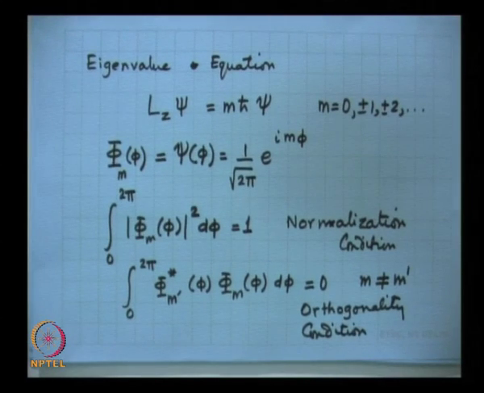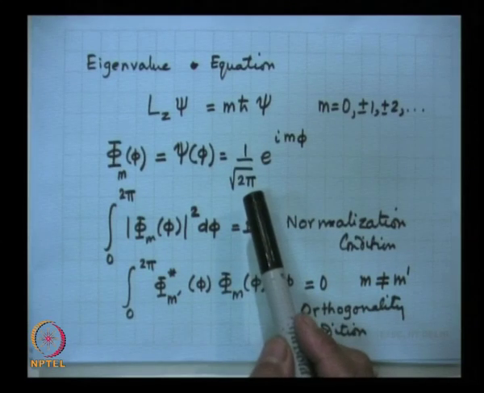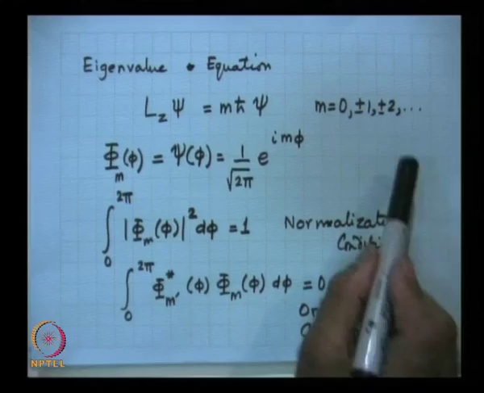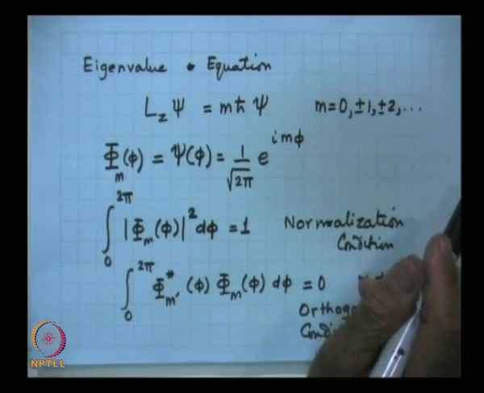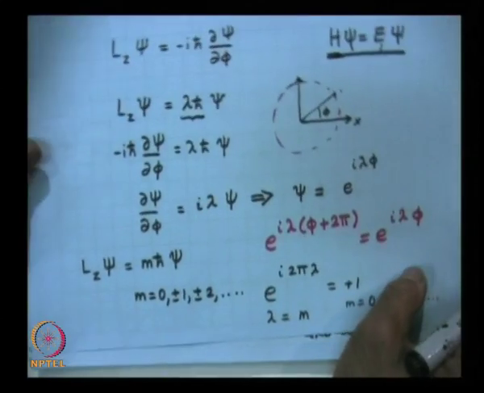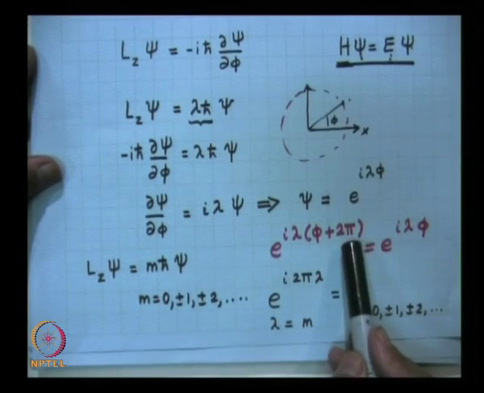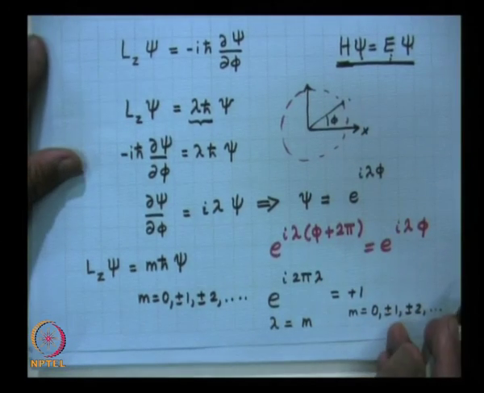So, therefore, we have been able to solve this equation for the operator Lz. Lz has the eigenvalues m h cross, multiples of h cross, and we have used the condition that the wave functions have to be single valued, that as I go from the point phi to phi plus 2 pi, the wave function must remain unchanged.